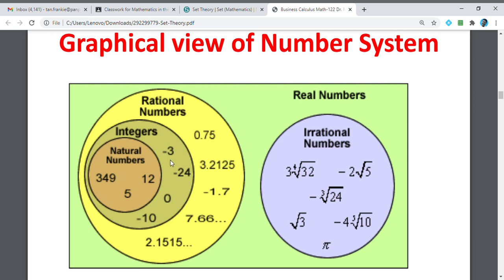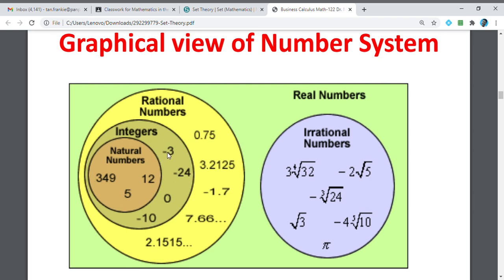Then we have here the set of integers. From the set of integers, you're going to combine your set of natural numbers. So, if we are going to combine your set of natural numbers, including 0, here we have 0, then we are going to have now a bigger group of numbers known as integers. Okay?